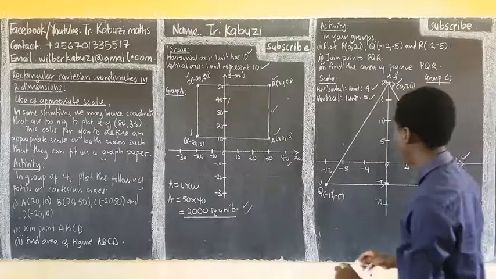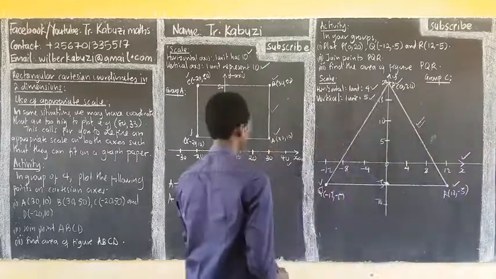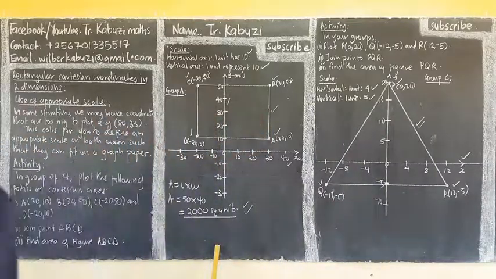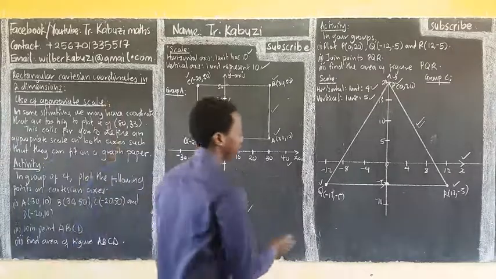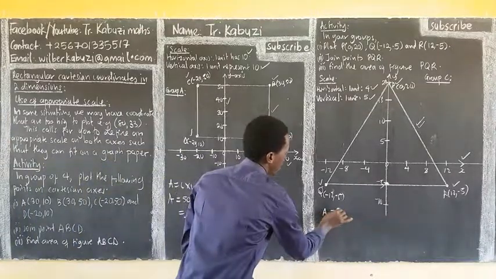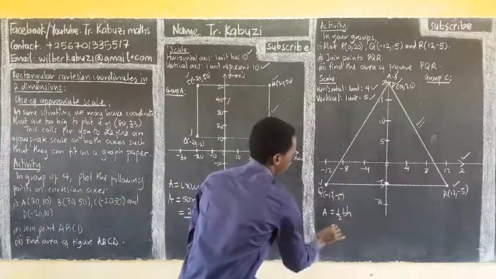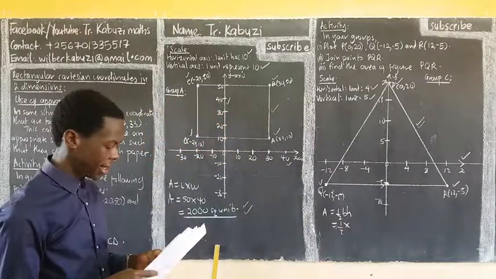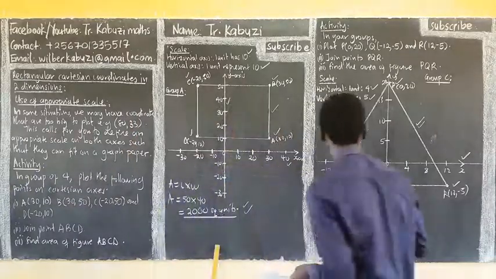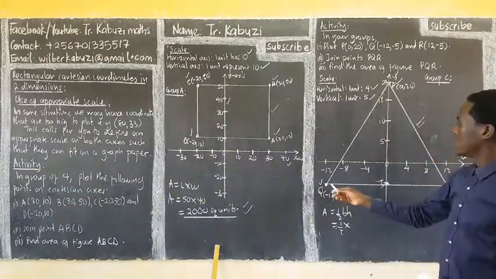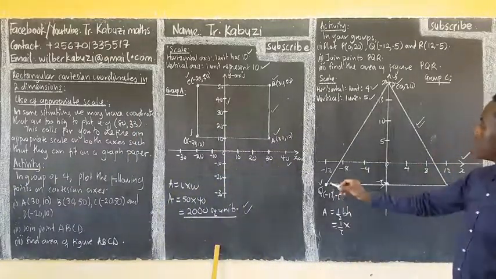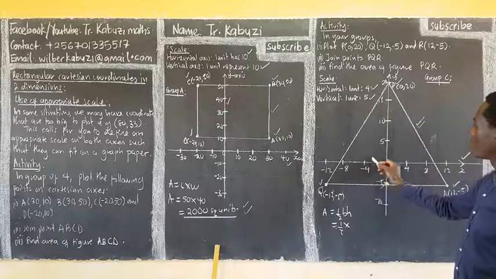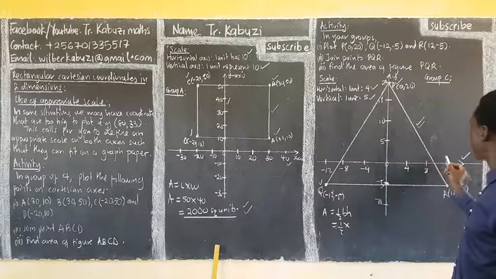Then finding the area. How did they get the area? They are saying area is equal to a half times base times height. So area is a half BH. How did they get their base? I think you had to count from here up to here: 1, 2, 3, 4, 5, 6.